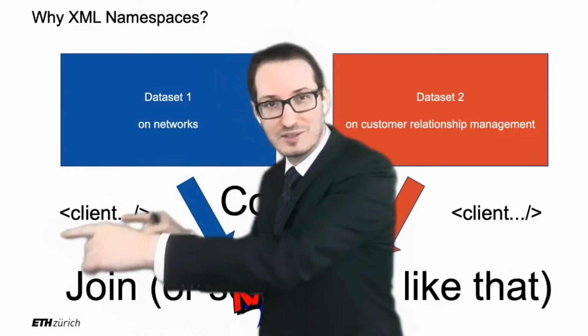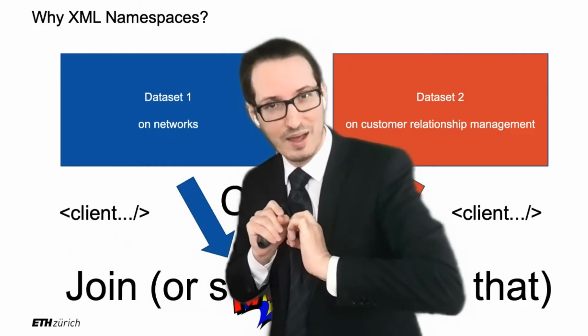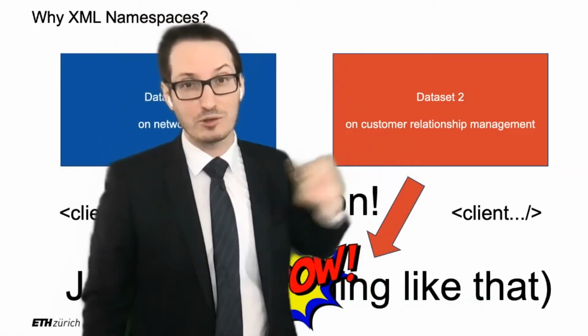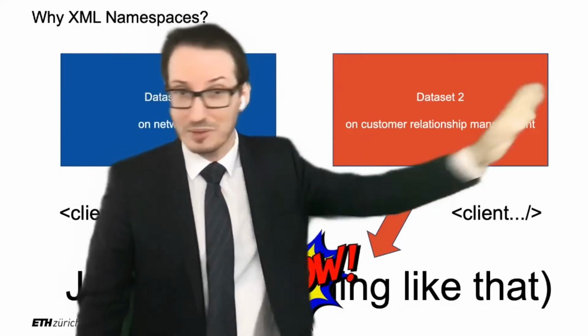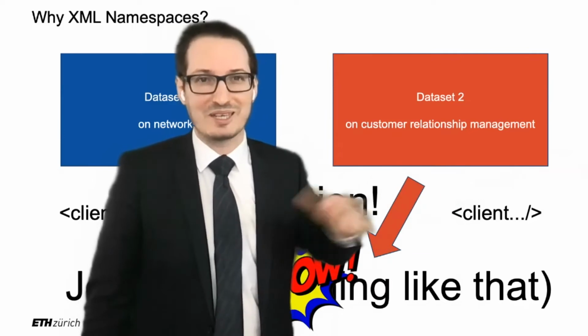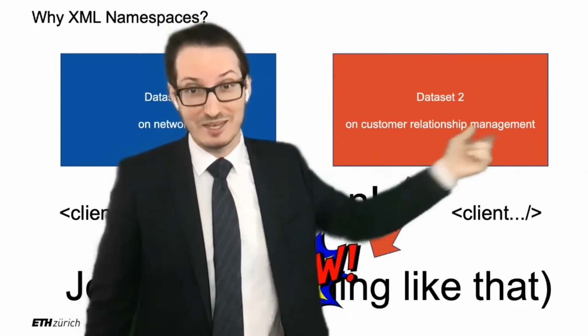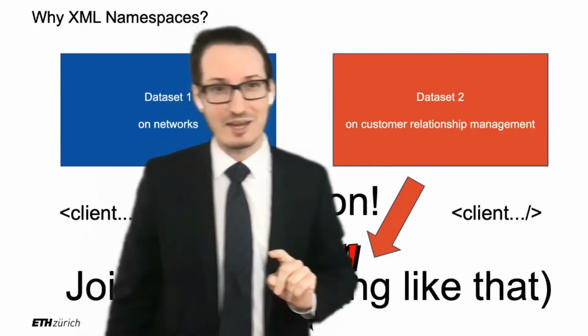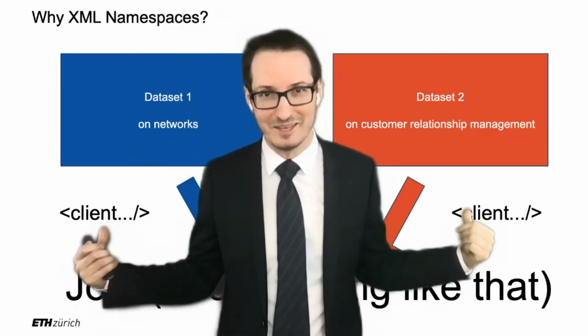So you might have this in dataset number 1. Let's now look at dataset number 2. Dataset number 2 is a dataset on customer relationship management. It's a completely different dataset, right? Synonym of customer is clients. So you might have in this data set the tag client. And now you probably start realizing the problem here.